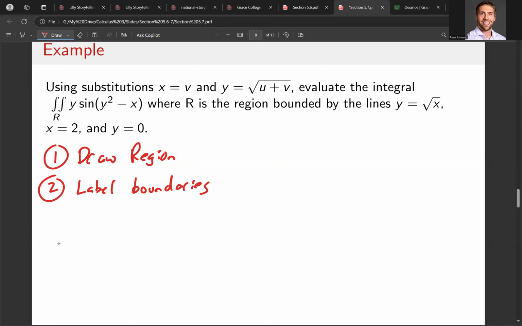So then relabel the boundaries using only u's and v's.